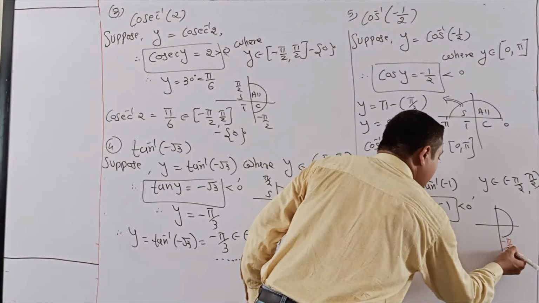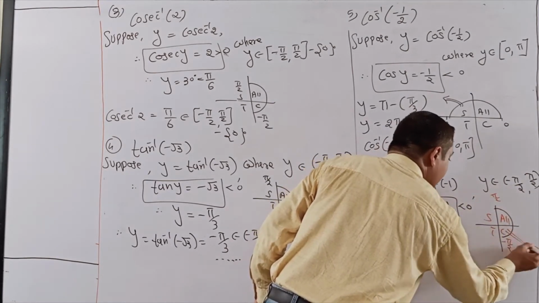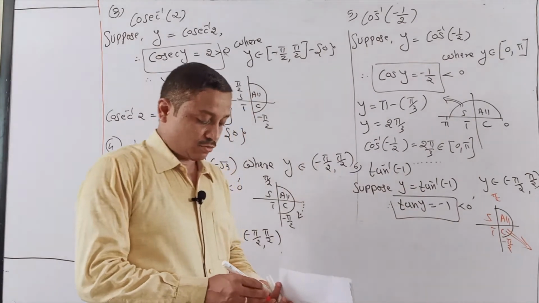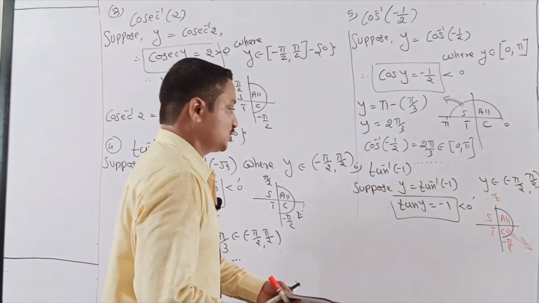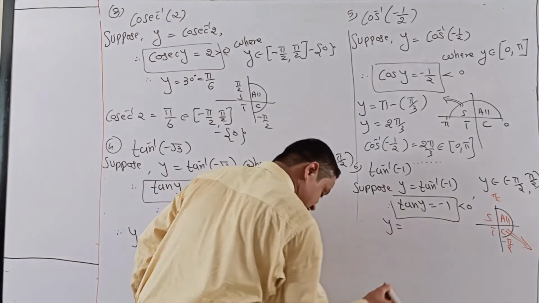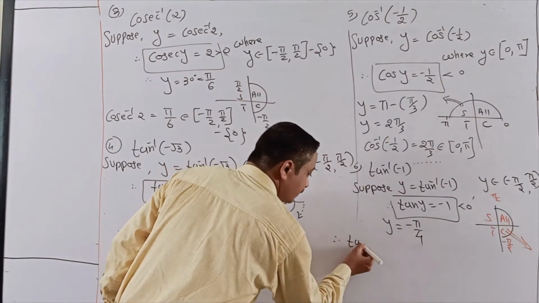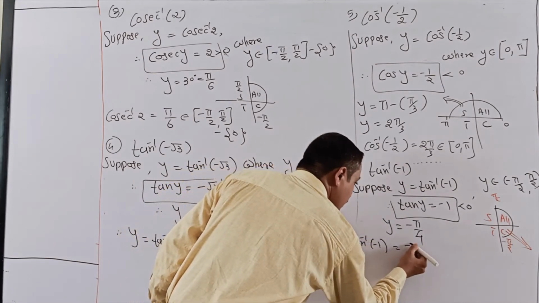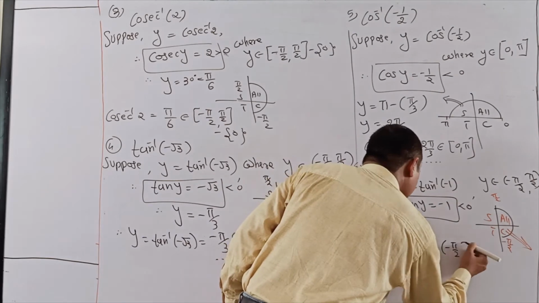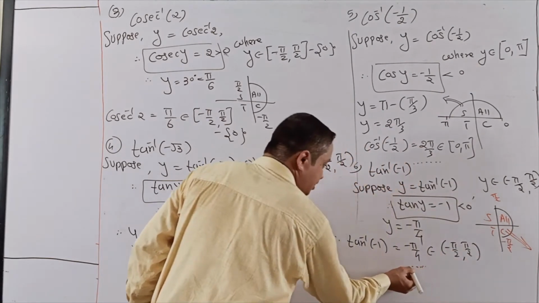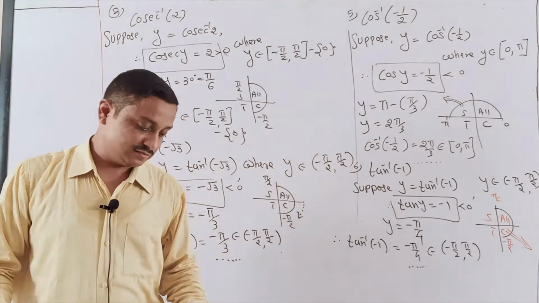Yes, minus pi by 2 to pi by 2, all as easy wise, so here it is negative. So my answer is definitely in the fourth quadrant, y is equal to minus 45. Finally done: tan inverse of minus 1 is minus pi by 4, which belongs to my interval minus 90 to 90. That's your final answer, very easily done.